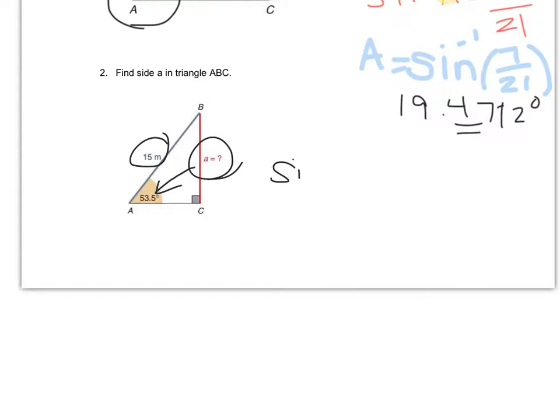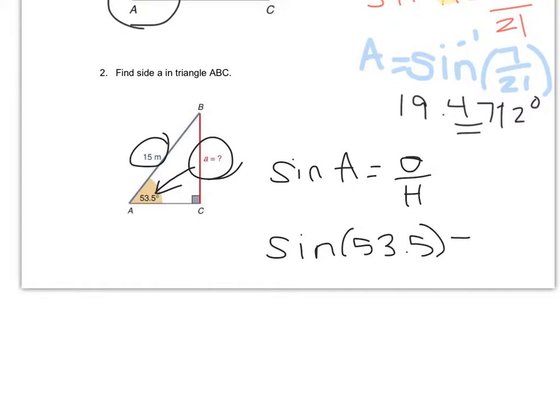So sine of angle A is equal to the opposite side over the hypotenuse side, just like we did last class. This time, though, they told us that the angle was 53.5 degrees and that the opposite side length is unknown, that's our A, but that the hypotenuse side length is 15.